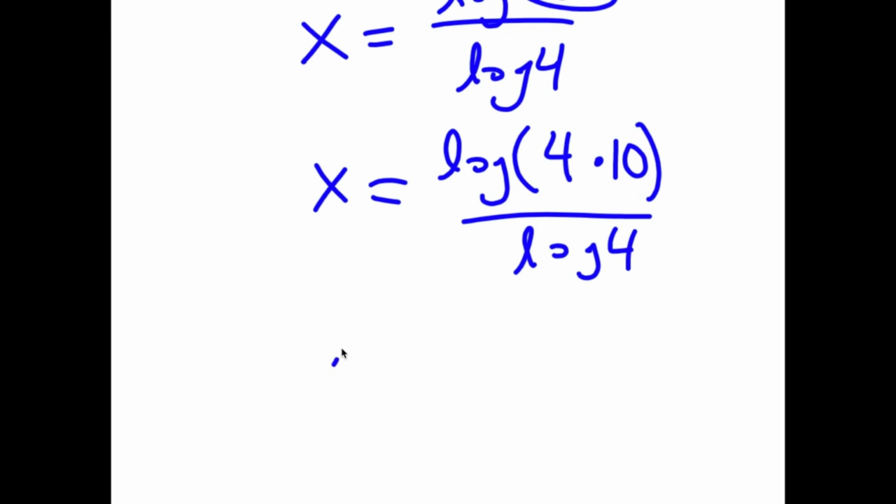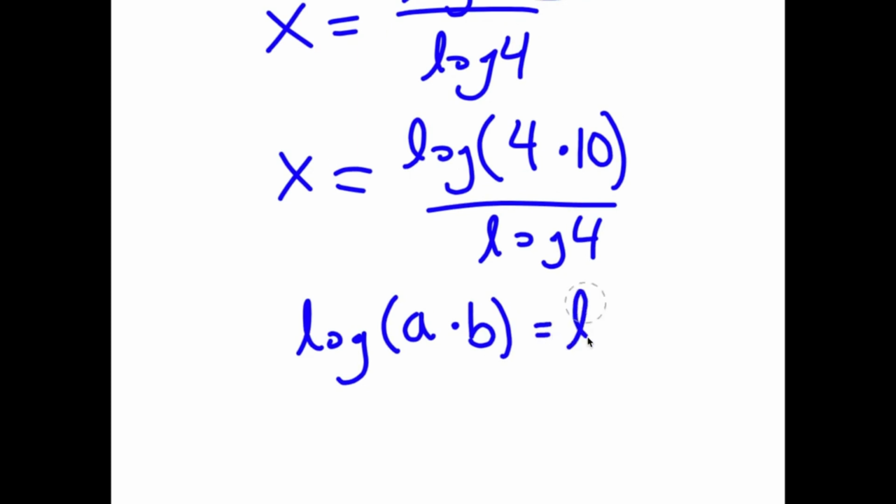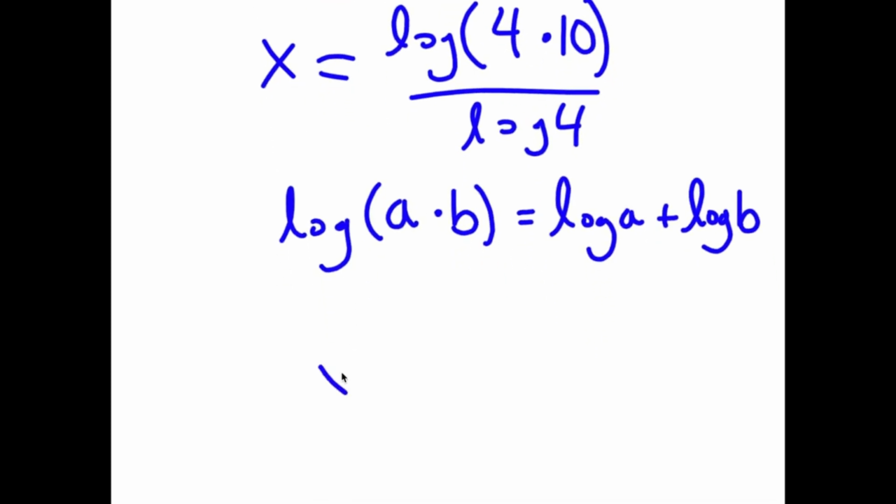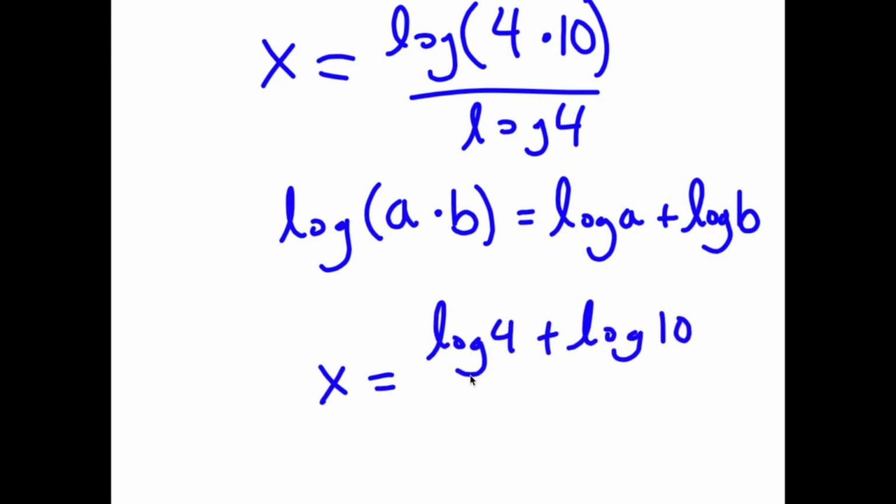And if I have something in the form log of a times b, this is equal to log a plus log of b. So log of 4 times 10, that's going to equal log of 4 plus log of 10 over log 4.